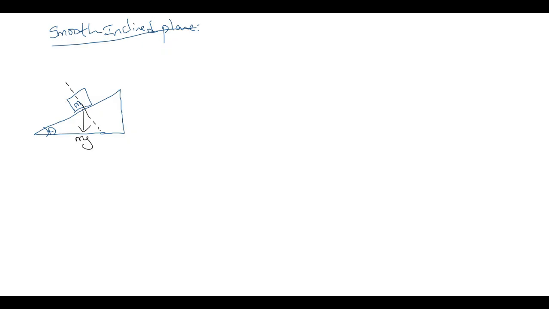Here, as this is making an angle theta, this weight will be resolved into two components. So this side it will become mg cos theta and this side mg sin theta. Downward mg cos theta, this side mg sin theta.